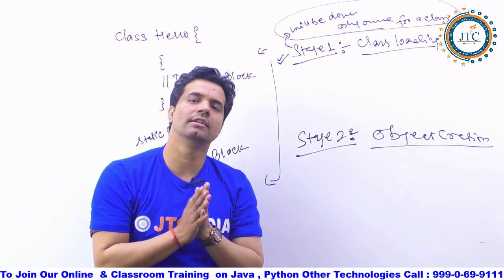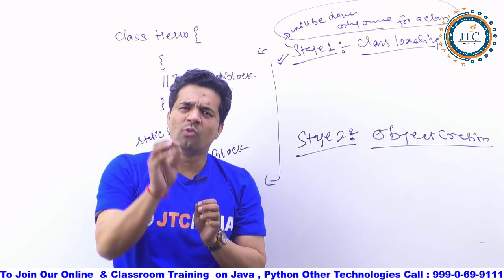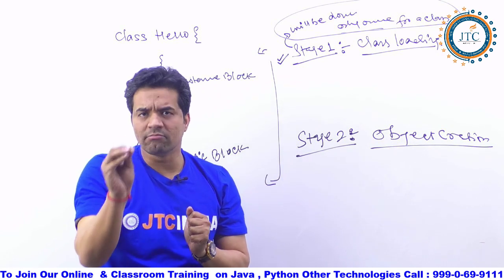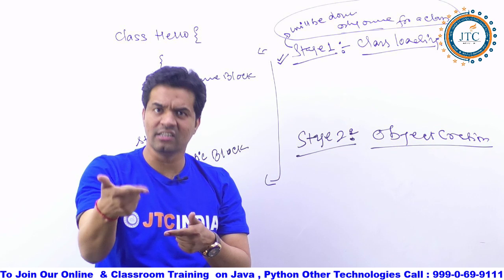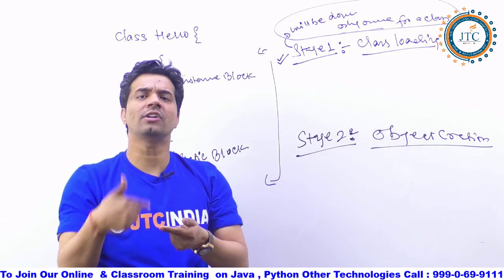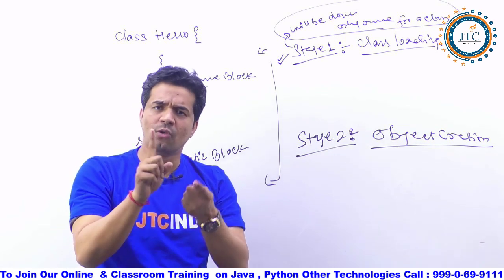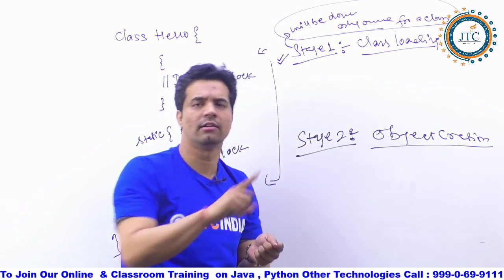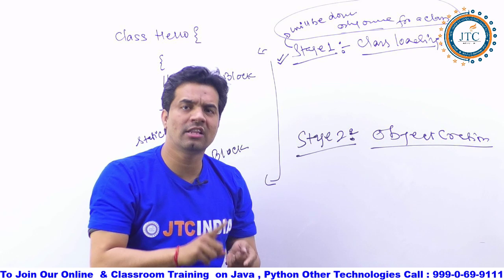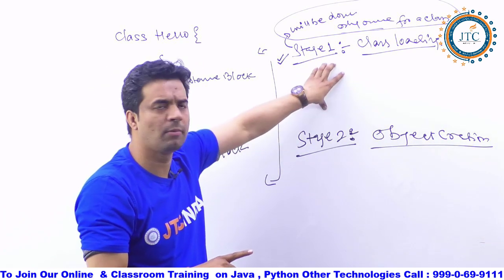See, the simple thing is, you want something to be processed before starting the complete execution of the program. If you want this to be the first thing done in your program, write that inside the static block.